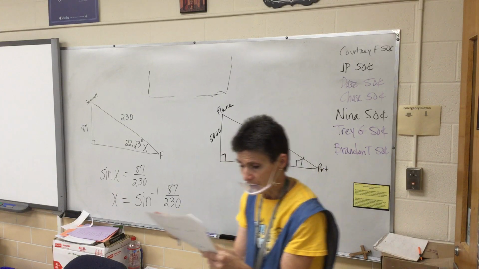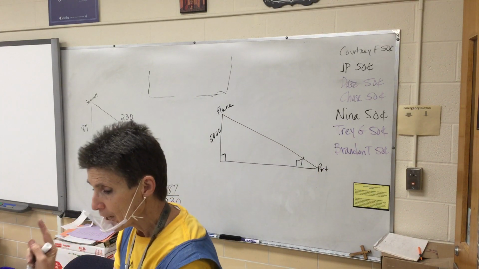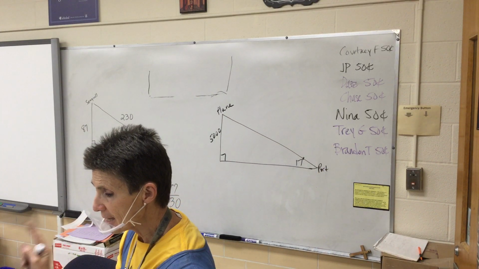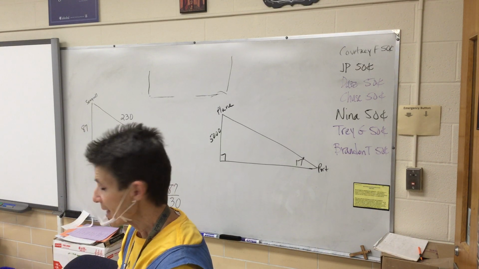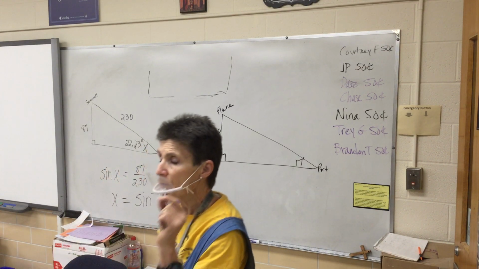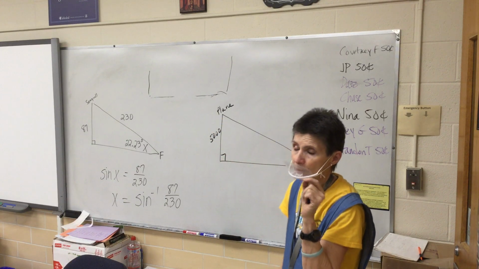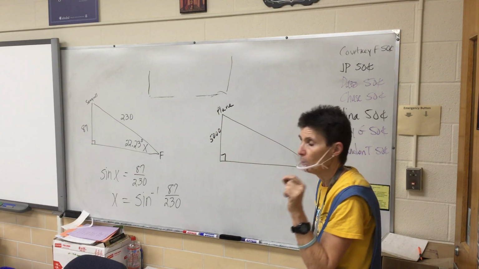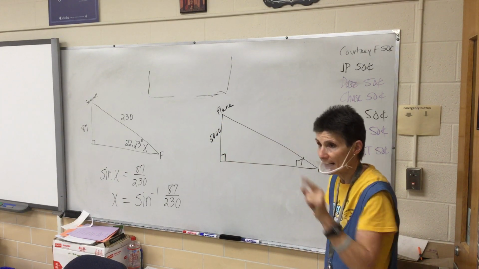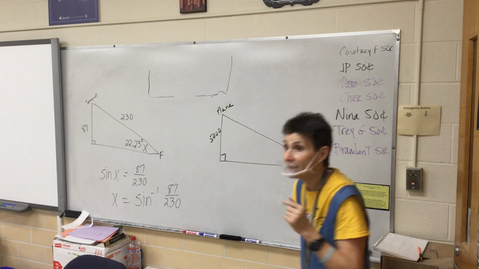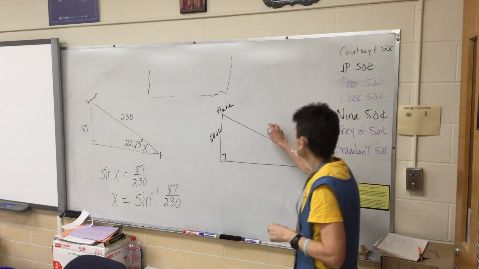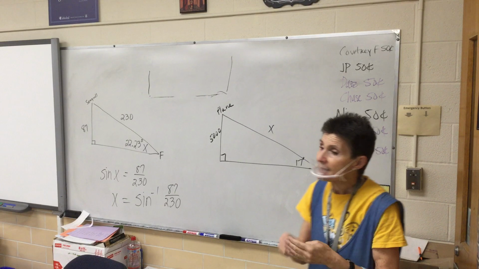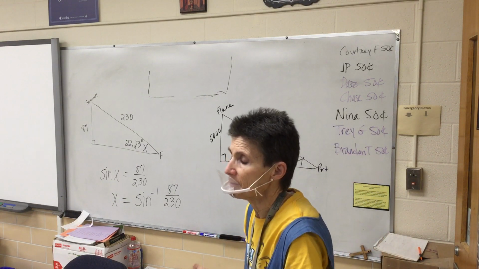How far is the airplane from the airport? So that's my X. Where am I going to put my X? Is it adjacent? Actually, it's here. And I get kind of where you're coming from, Ari.